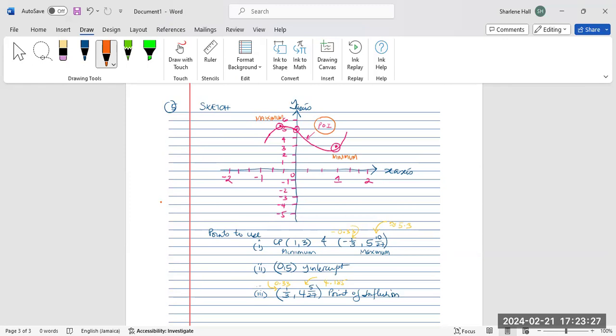So when I went to -1/3, I went just a little bit above 5. It's a sketch, so it has to be plausible. So anybody put it at 5 will lose a mark. But if you put it just a little bit above 5, you should be good to go. The 0.5 is right here. The positive 1/3 is here. And 4 and 5 over 27 is about 4.2.